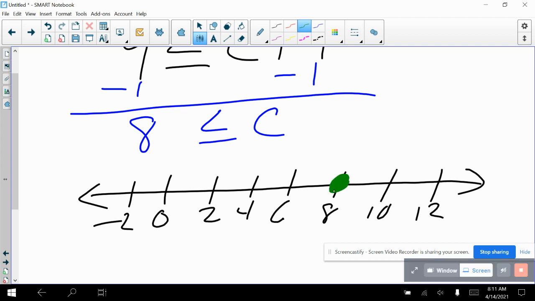Closed dot on 8, going to which way? Going to the right. c is bigger than, so we'd be going to the right here. All right. Very good. Moving on.